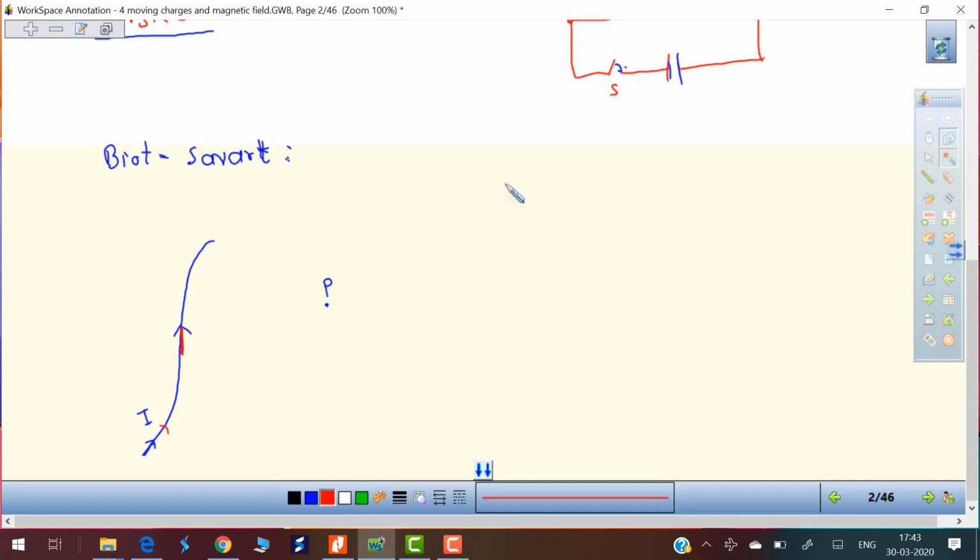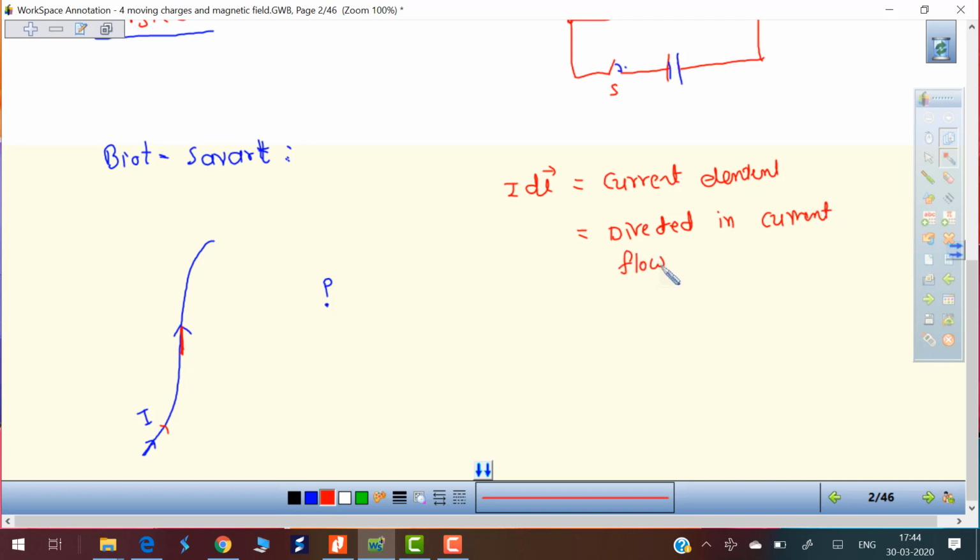So this is called IDL, the length of the element is DL. IDL is called the current element, and it is directed in the direction of current flow.